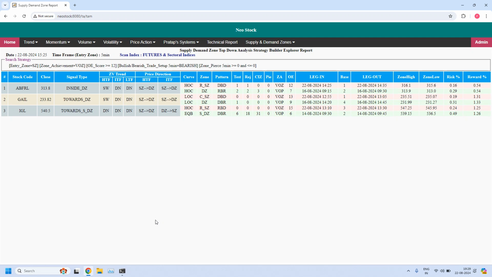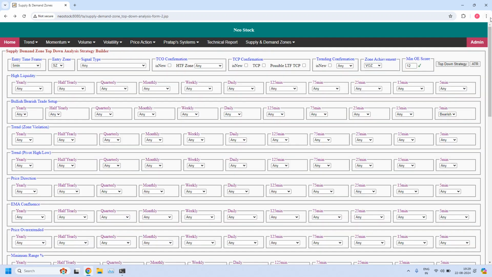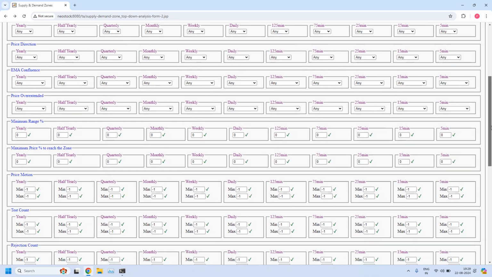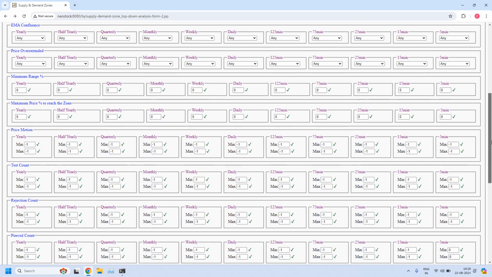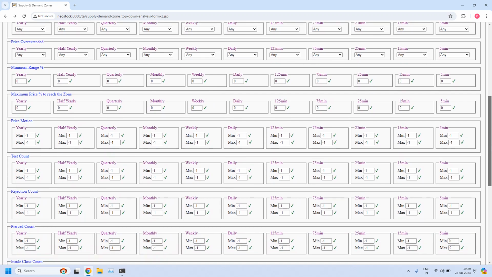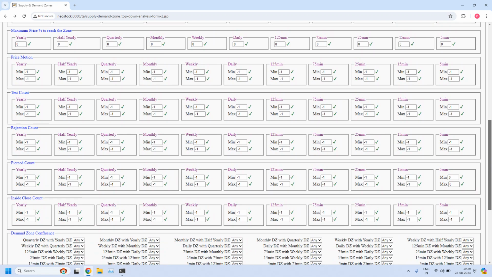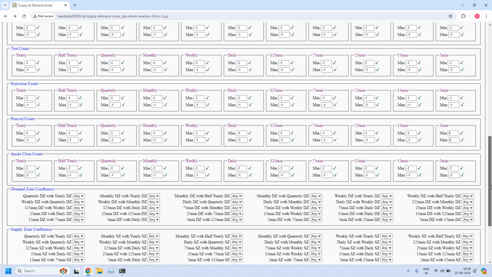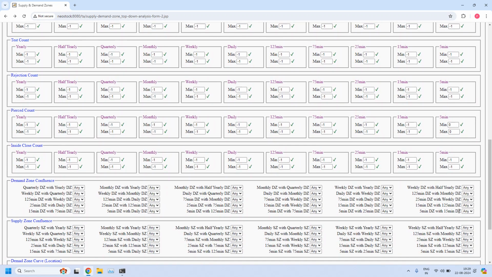Now let us verify how many of these stocks are having confluence with ITF time frame, that is 5 minutes and 15 minutes supply zone confluence. Okay, here 5 minutes supply zone with 15 minutes supply zone I am enabling.